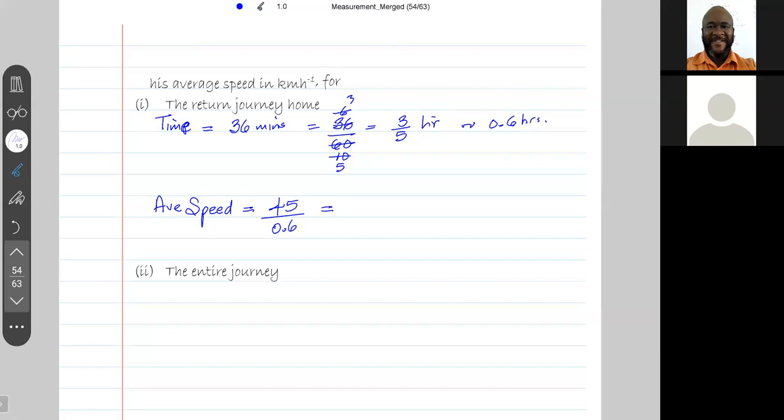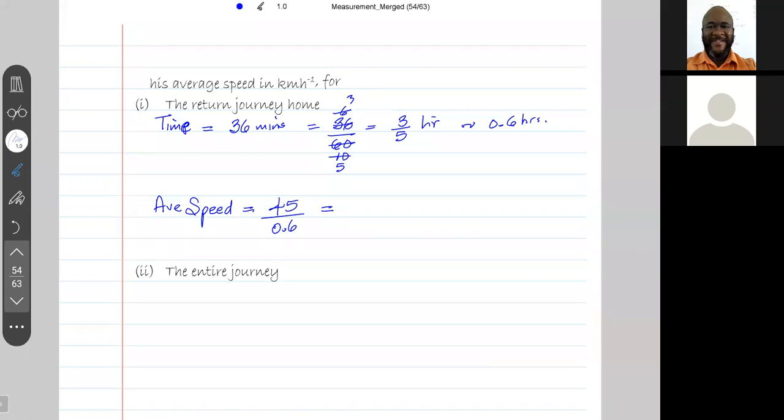Guys, remember that average speed is total distance divided by total time. So the average speed on the return home would be the total distance, 45 kilometers, divided by the total time, 0.6 of an hour.